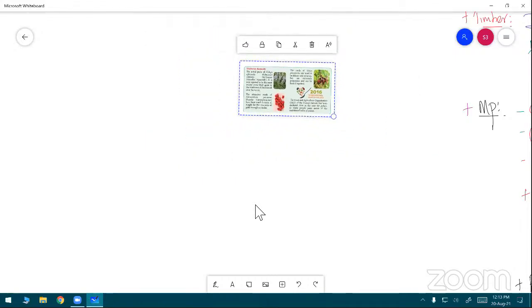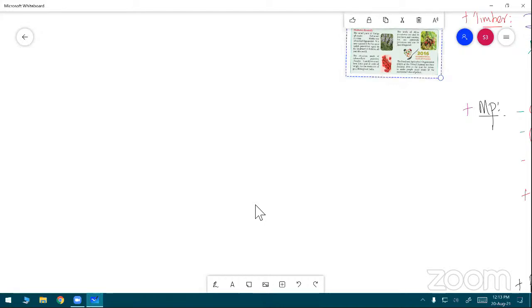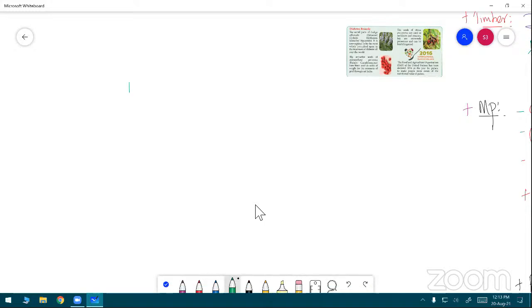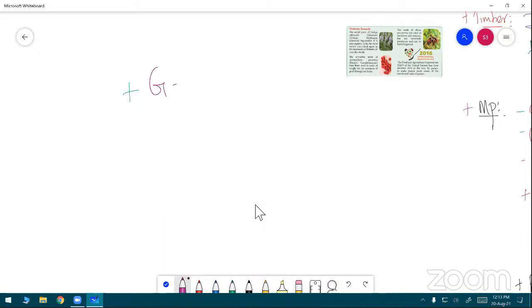That is Galega officinalis. One more plant is there. I'm talking about diabetes mellitus. One of the plants used in the treatment of diabetes mellitus, right? The name of the plant is Galega officinalis.